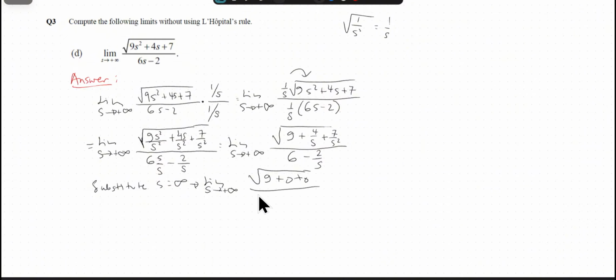The denominator, 6 minus 2 over infinity, becomes 6. So the limit becomes the square root of 9 divided by 6, which is 3 over 6. Therefore the answer is one half.